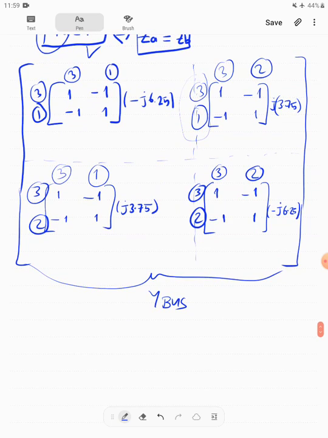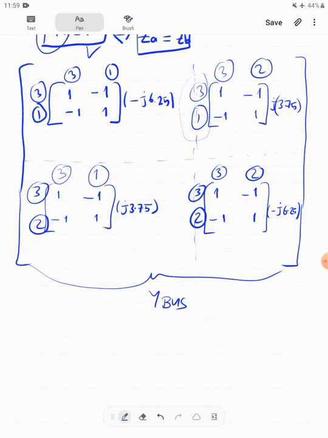As you see, we have 4 by 4, a total of 16 parameters, and these 16 parameters must be calculated. For example, what is this value?